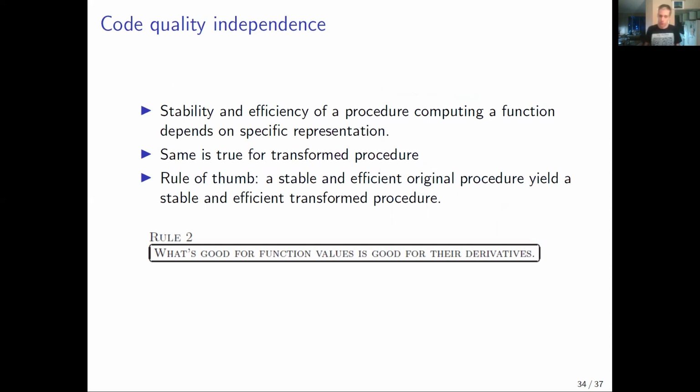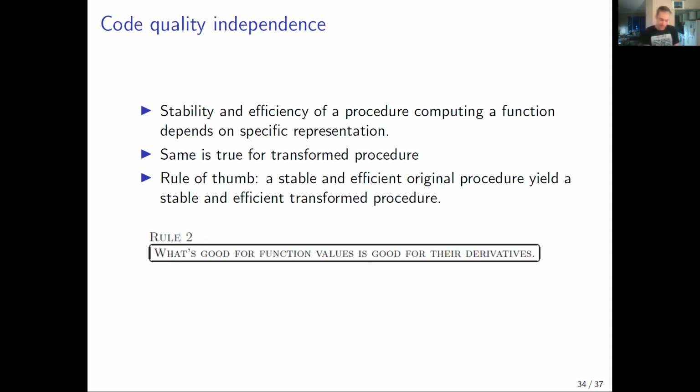Throughout their book, Griewank and Walther have a number of rules of thumb about what is good practice, or at least what are their observations from their many years of experience on how automatic differentiation tends to work. One of their rules of thumb is this rule of code quality independence, which basically says that what's good for function values is good for the derivatives.